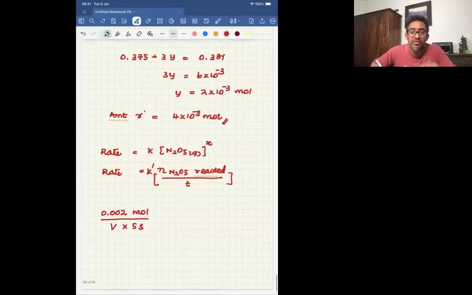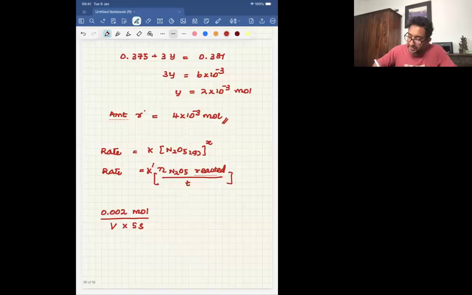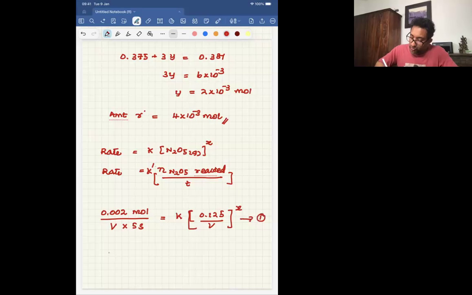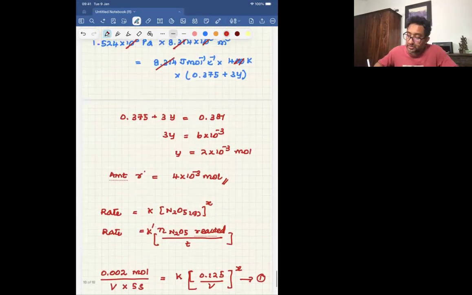Volume is 8.314. I didn't substitute it because it is a constant. K times N2O5 concentration, given first as 0.125 divided by V, to the power x. Equation 1.